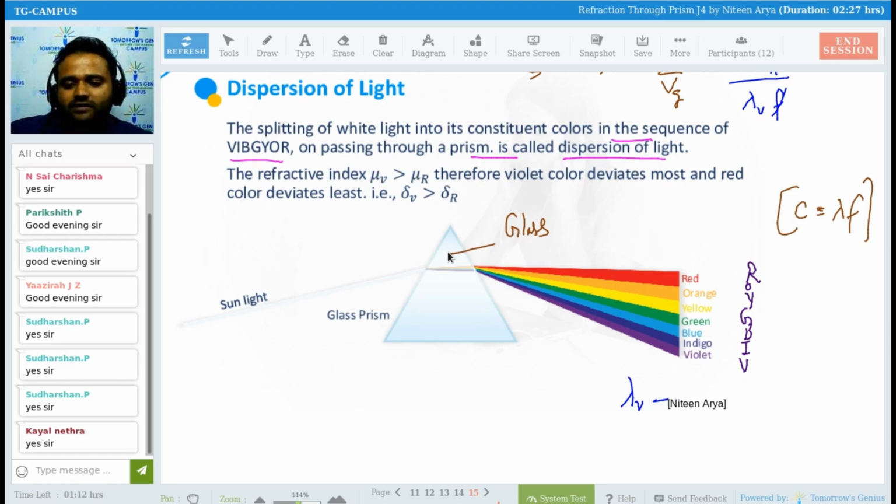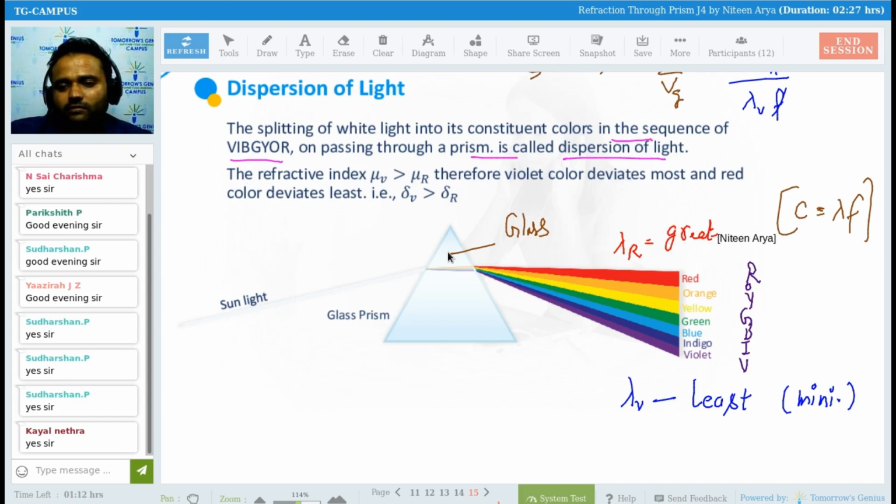Wavelength of violet is least, or you can say minimum. And in the same way, lambda of red is going to be max, or greatest.